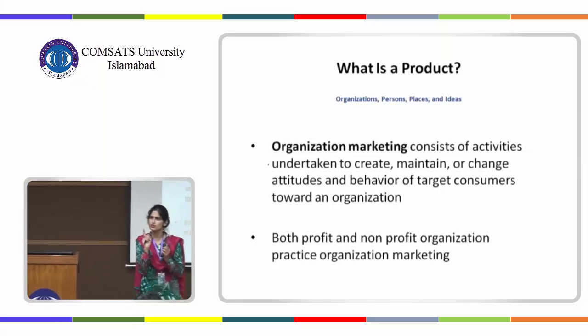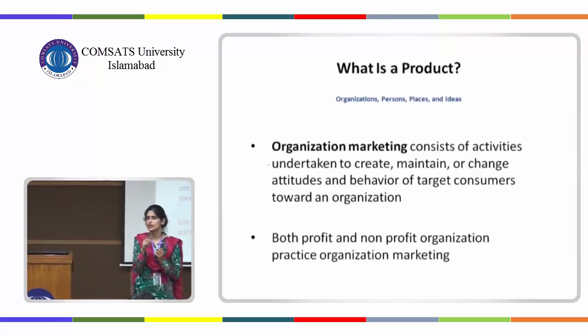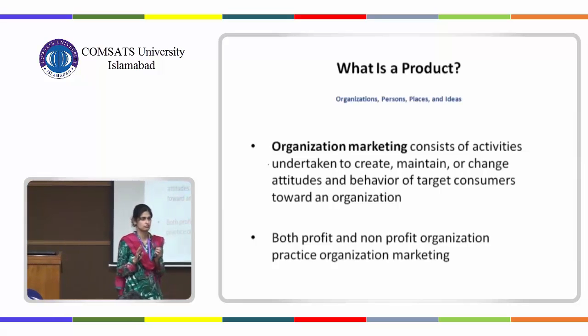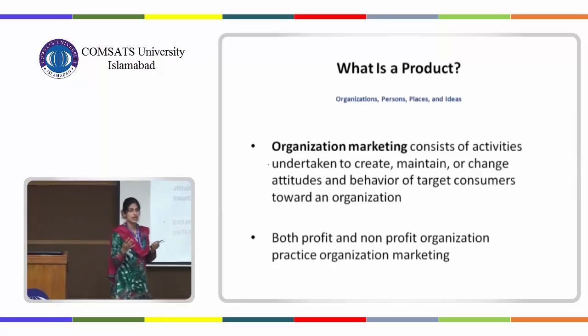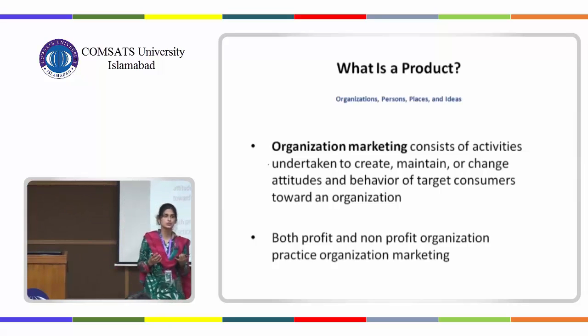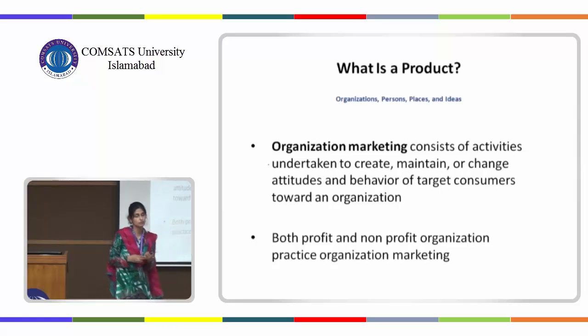Muhammad Yunus, I think, was the endorser in that ad, and he just talked about HBL and how it was creating value for Pakistanis. There was no product as such being advertised, but it was the organization that was being advertised, right? So that is organizational marketing, where you market the organization.